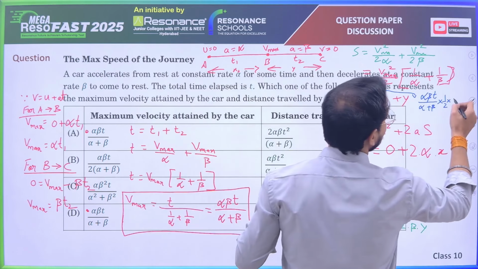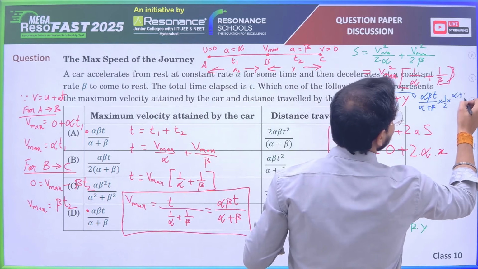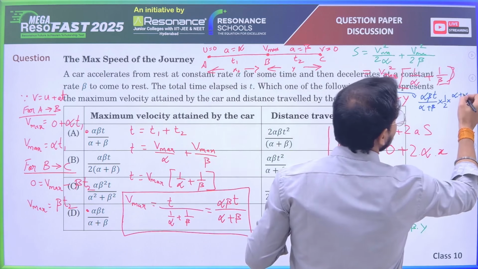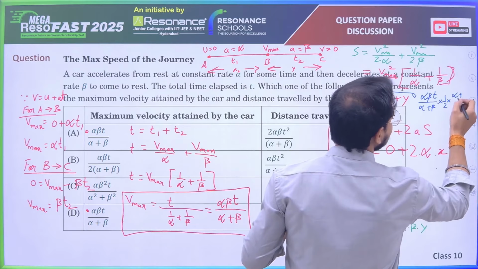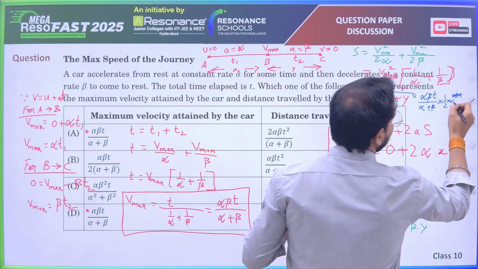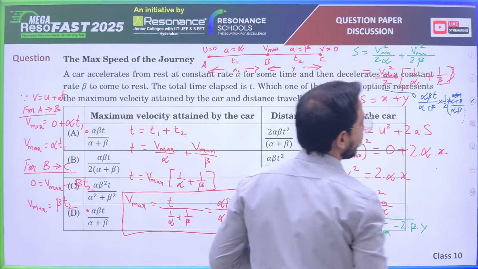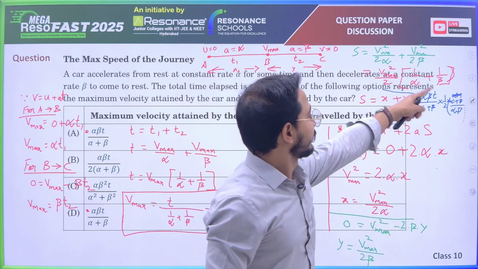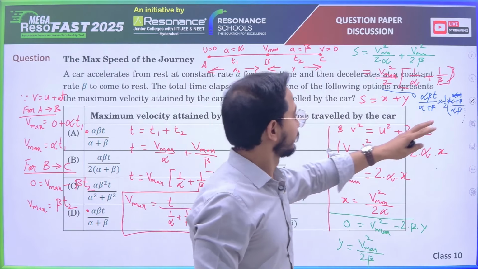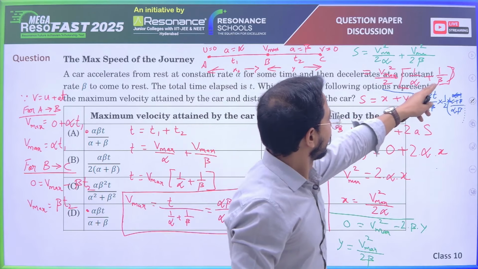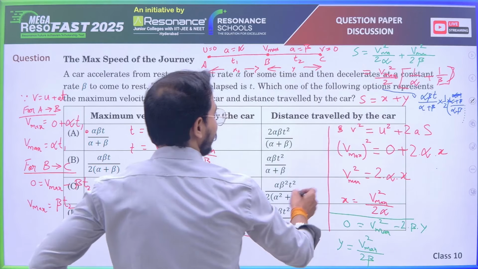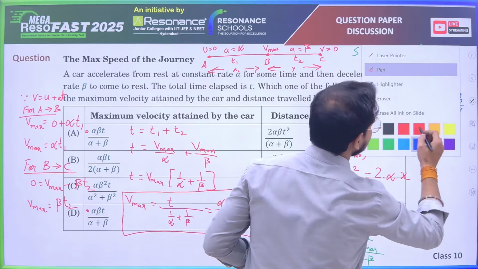So it will be equal to alpha plus beta upon alpha beta, times alpha beta upon alpha plus beta. Just a second.